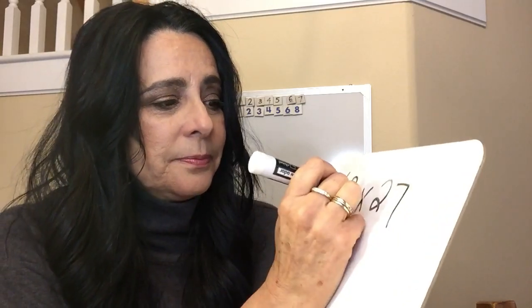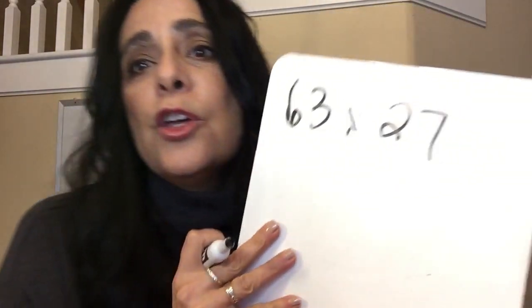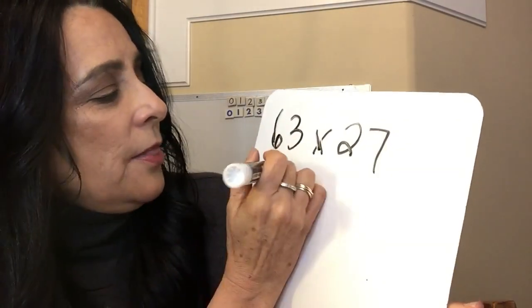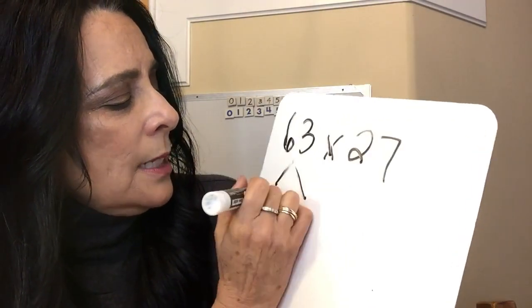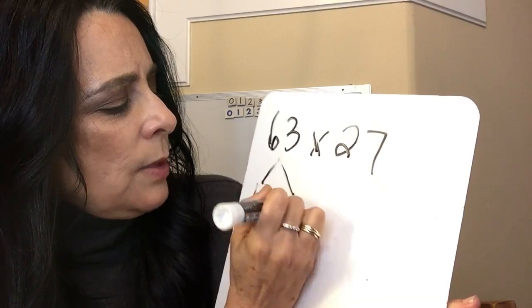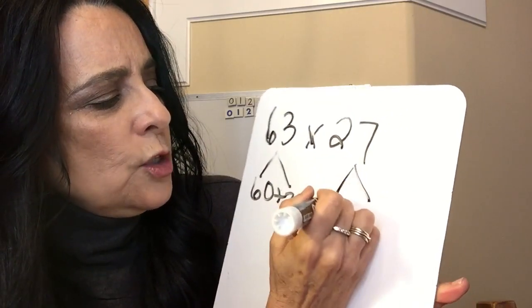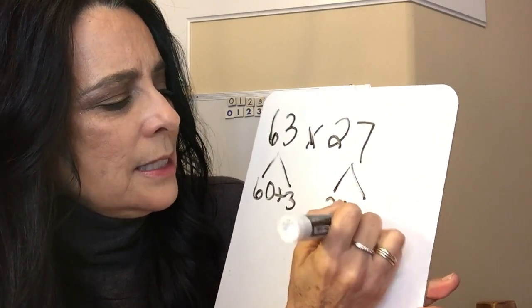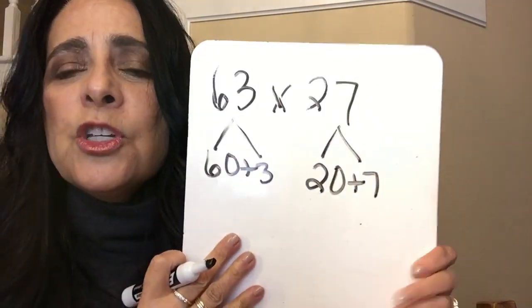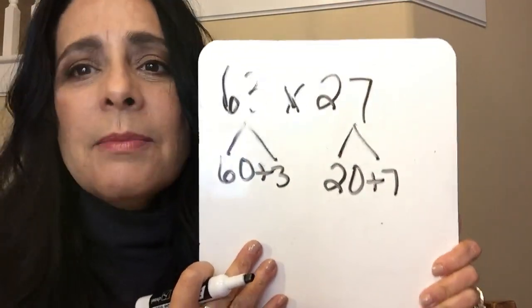So let's do 63 times 27. So we're going to have to break apart both of these numbers now. This is really 60 plus 3, and this is 20 plus 7. And now we're just going to multiply everything times everything.